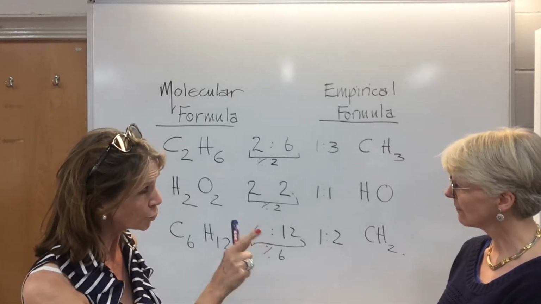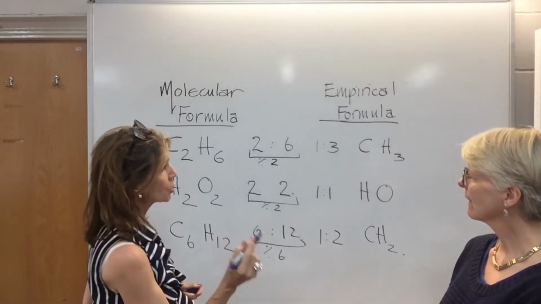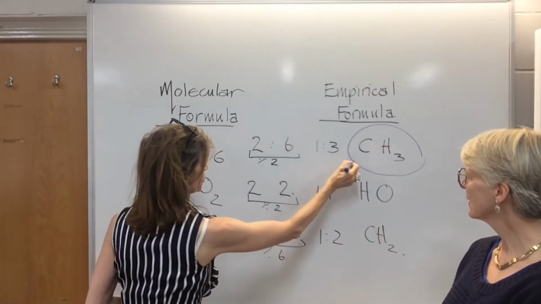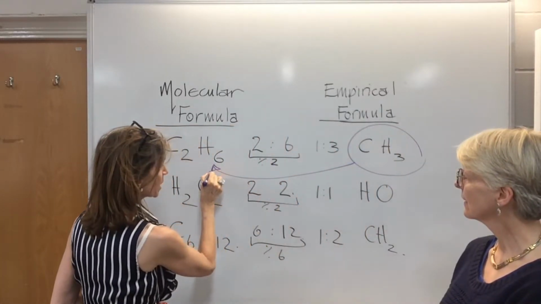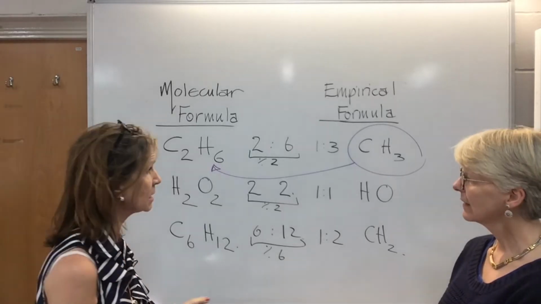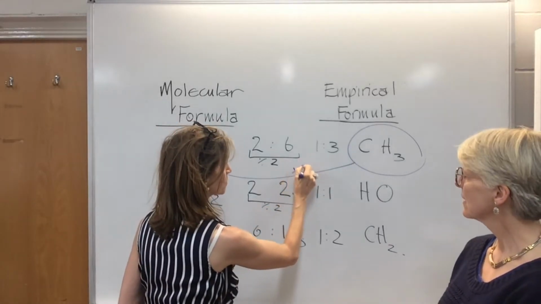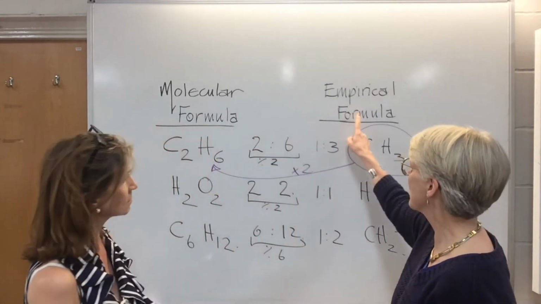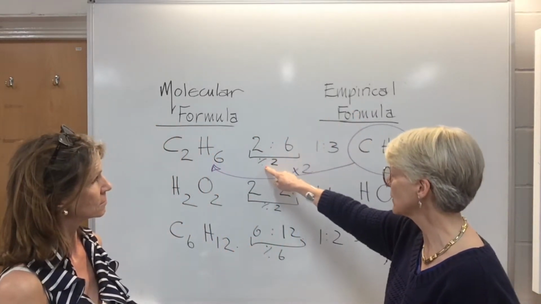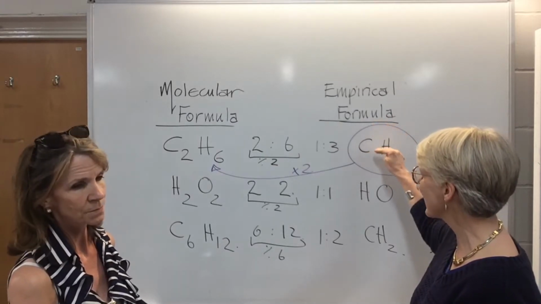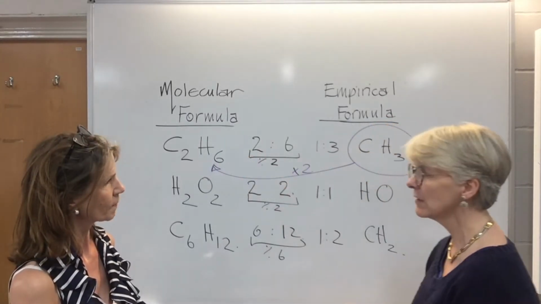I'm going to show you how. So, we have CH3. Yes. And if you relate it to the molecular formula, you can see all you've done is multiplied the number of atoms by 2. So going from molecular to empirical, you divide by a whole number, and if you multiply by exactly the same number, you can go from empirical to molecular.